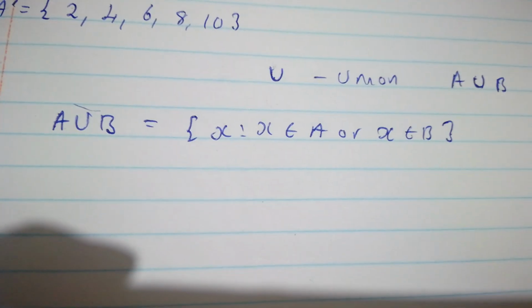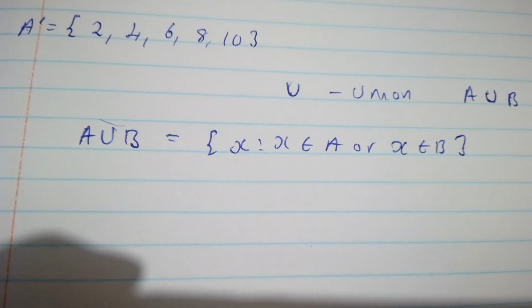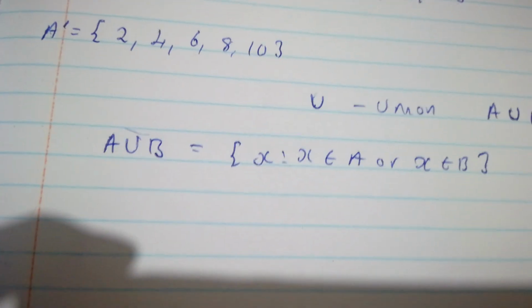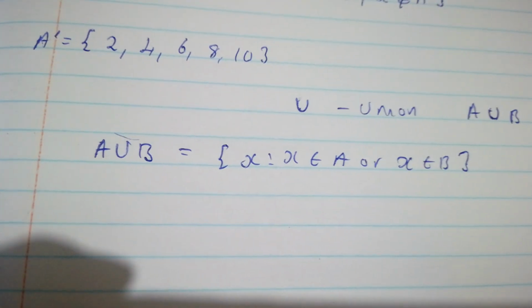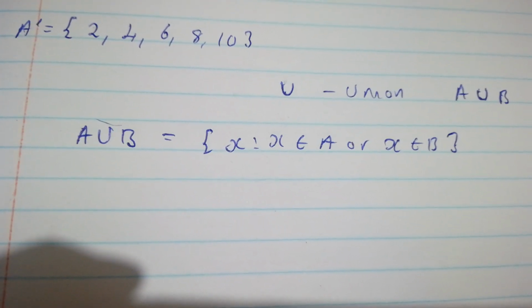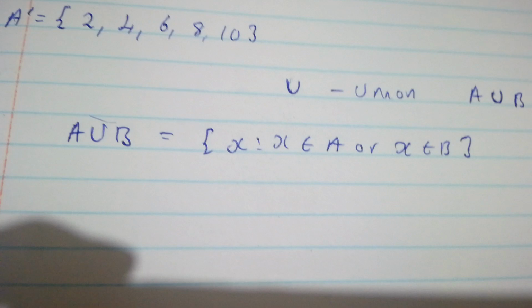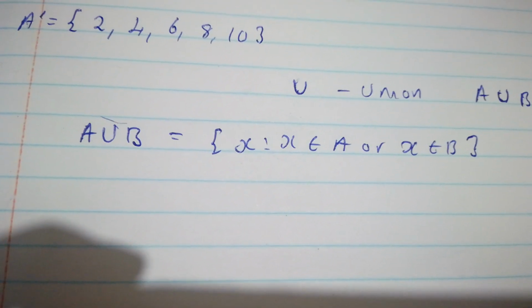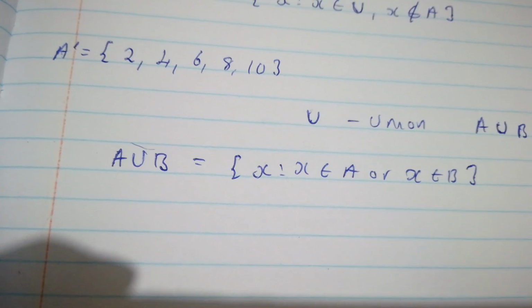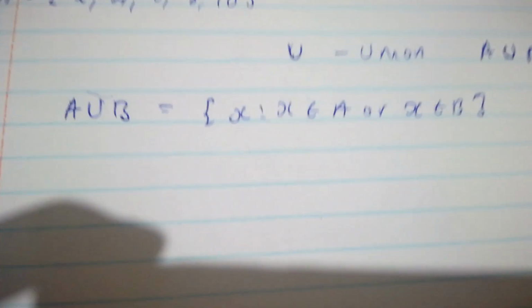Set operations have their own language. These are the words that you need to understand when and where to use them. So note that the definition can be extended to more than two sets. We can have three sets. So let's look at an example where we can have a union of the sets.